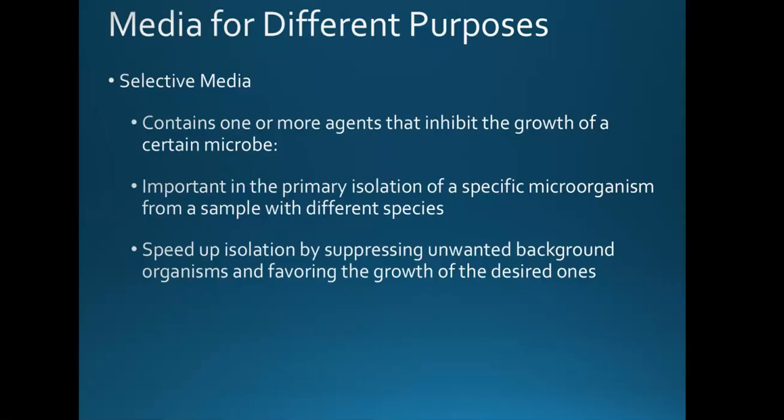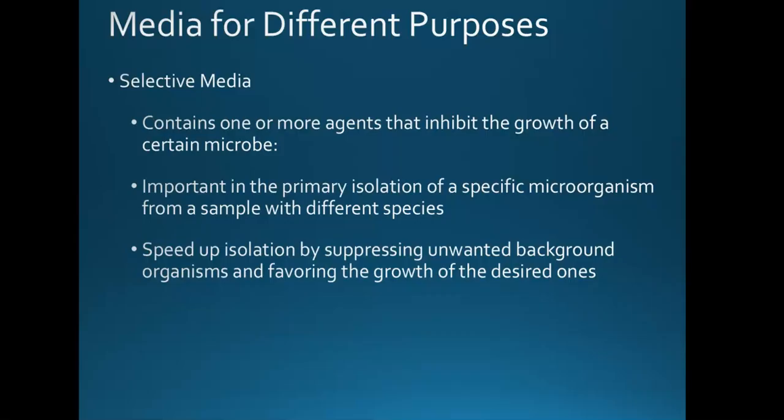Then we have what we call selective media. So selective media allows us to select for certain microorganisms, right? As it says, it contains one or more agents that inhibit the growth of a certain microbe. So it's going to prevent one microorganism from growing while allowing another microorganism to grow.